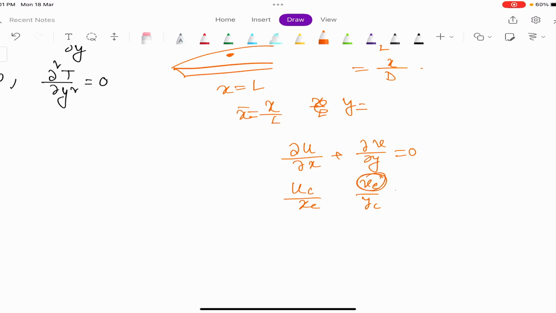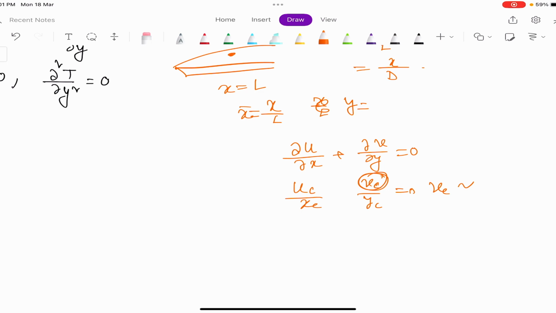So what we do is find this Vc from the scaling analysis, and then use that Vc to non-dimensionalize V. You understand what I am telling, this Vc is not known a priori.